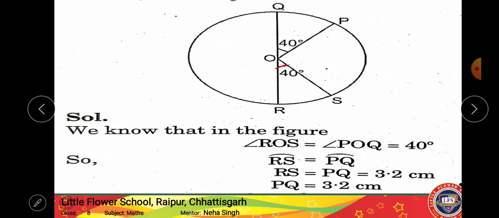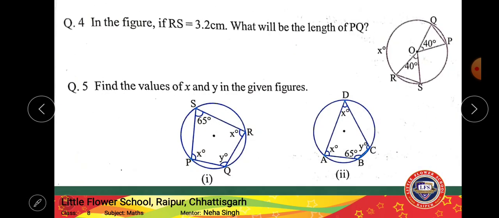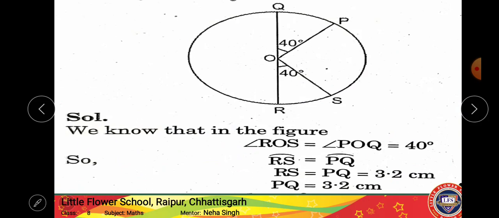In this, these two angles are given equal, and the RS value is given. Since these angles are equal, this arc will be equal.